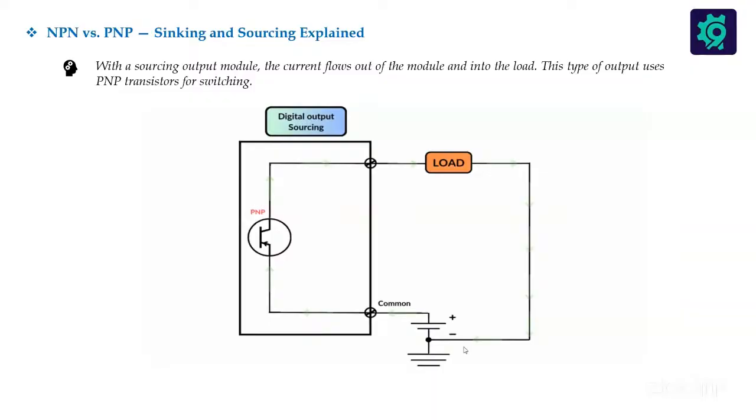If it is an external power supply, definitely there will be another terminal dedicated for the power of the PLC, that you supply your positive and negative 24 volt to.